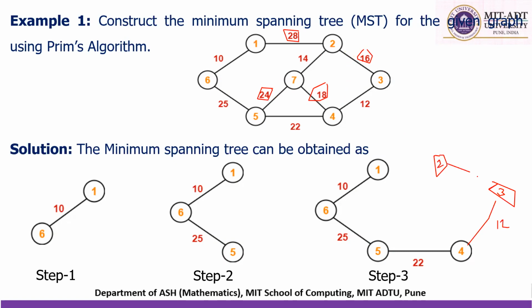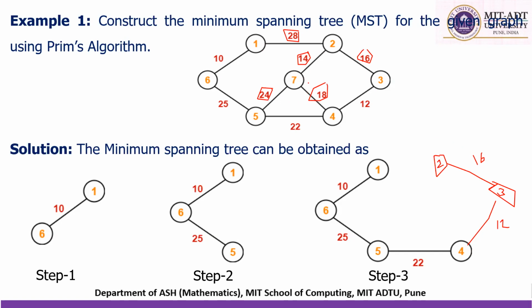And what is its weight? Its weight is 16. After selecting the vertex 2, let us go to the next minimum weight. So we can take 28, 14. We can also take 14, 18, 24.